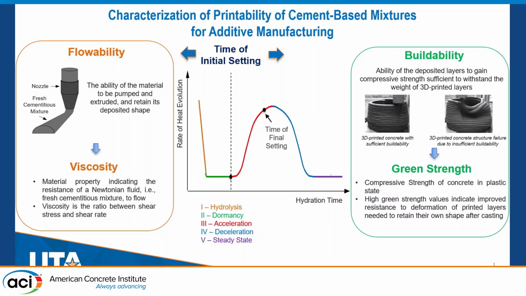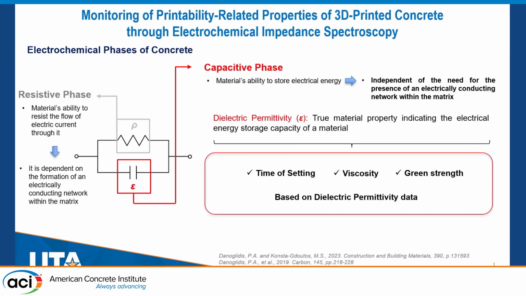So my question here is, of course, we can measure these properties, the viscosity by using a rheometer, or the green strength by conducting uniaxial compression tests. Can we monitor? Can we predict these values? And here the electrochemical impedance spectroscopy comes into the game.